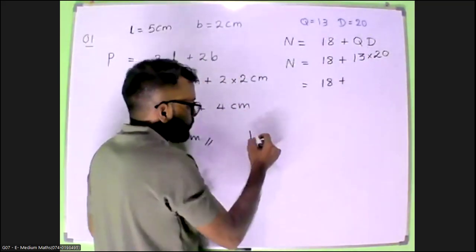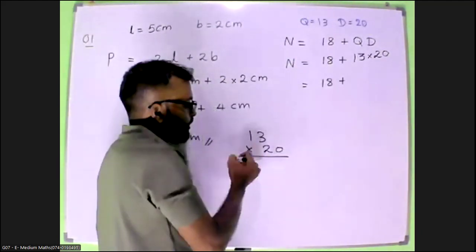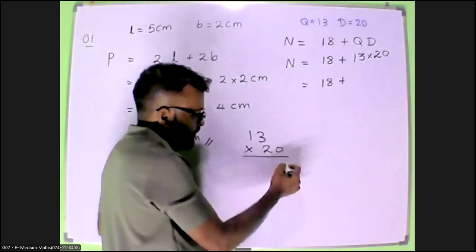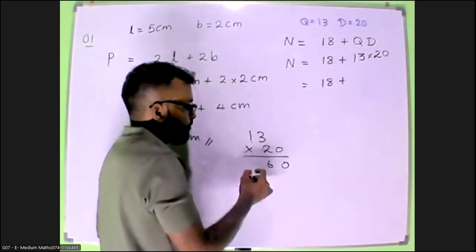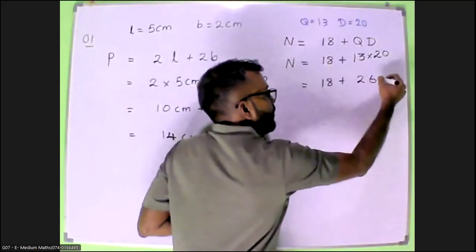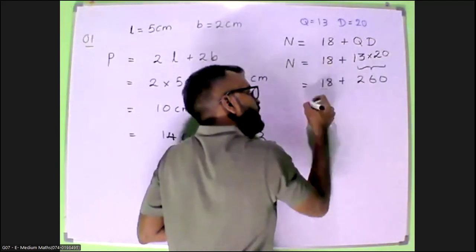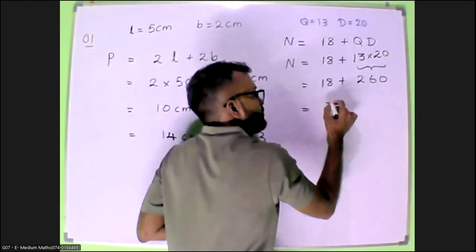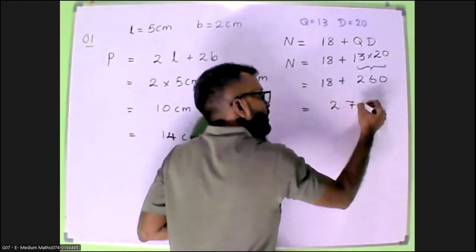How do you do that? You put 0 here, then multiply by 2. 2 times 3, 6. 2 times 1, 2. This will give you 260. 260 plus 10, sorry, 270.